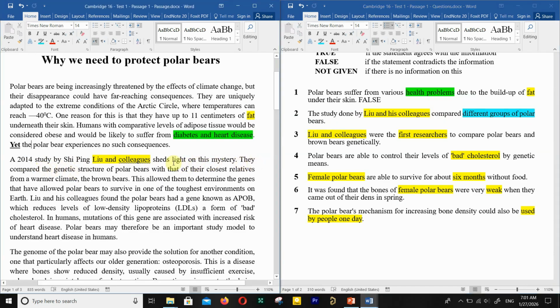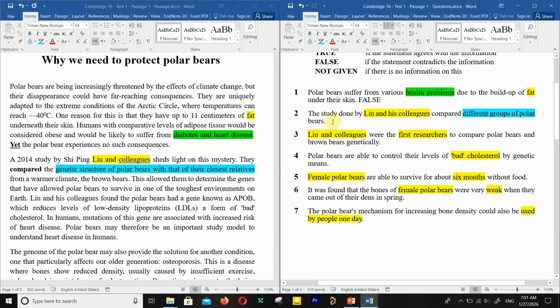They compared the genetic structure of polar bears with what? With that of their closest relatives from a warmer climate. So they compared polar bears with their closest relatives. They did not compare different groups of polar bears. It's about comparing to their closest relatives. So again, the answer for this question is false.